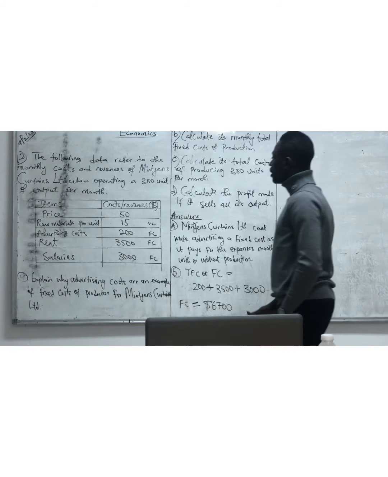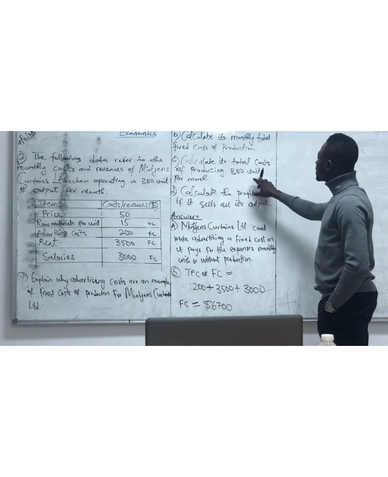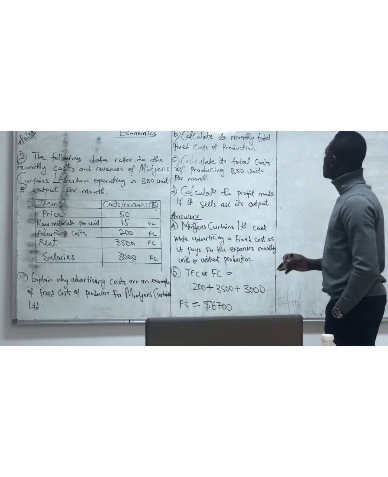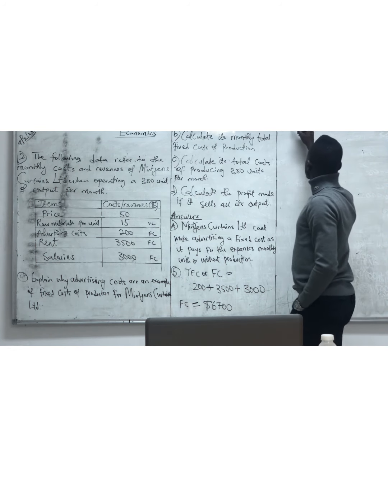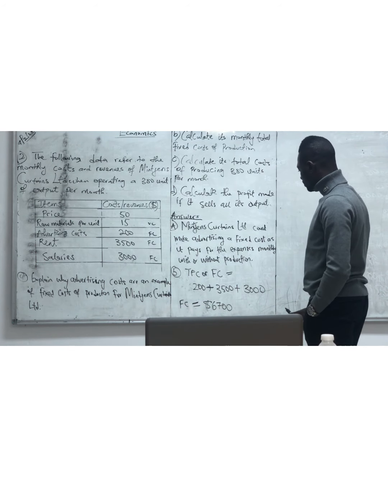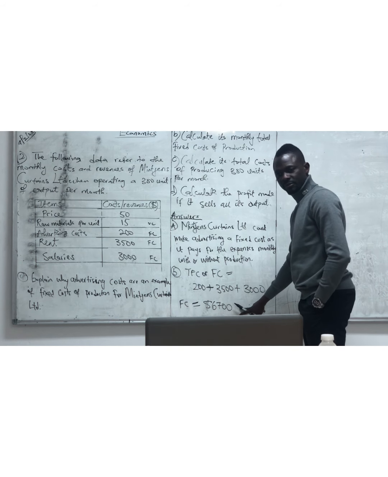Then they said calculate its total cost of producing 300 units. So for 300 units, what are the costs? This is the fixed cost.